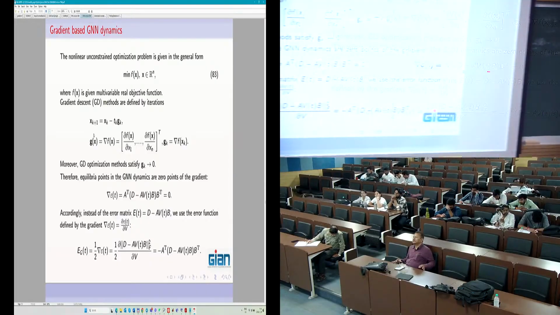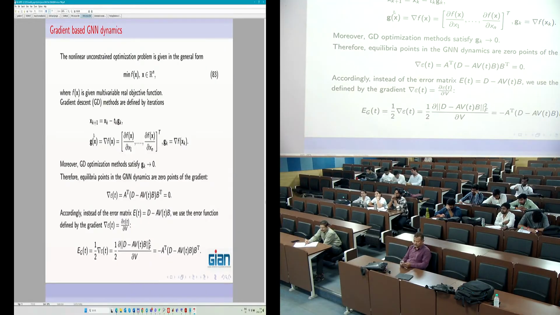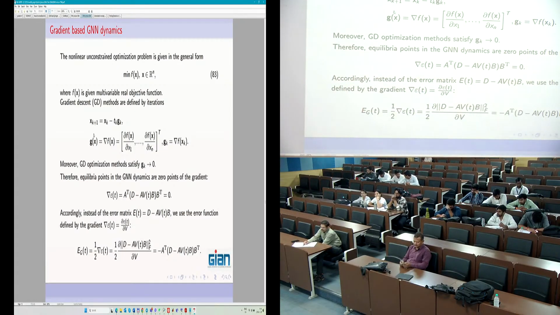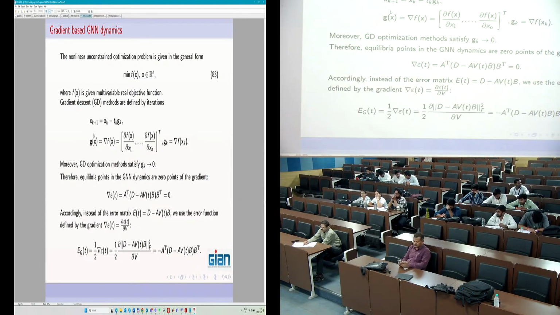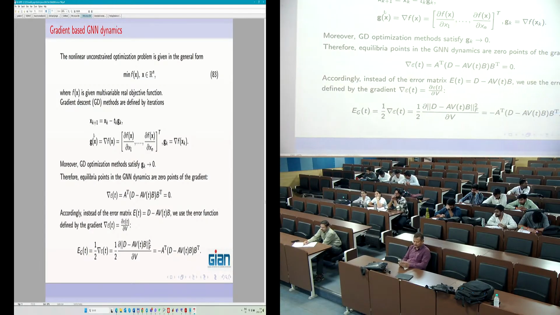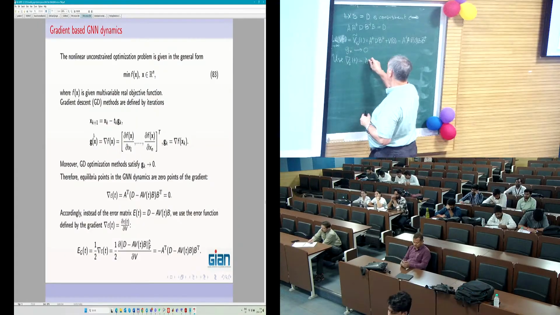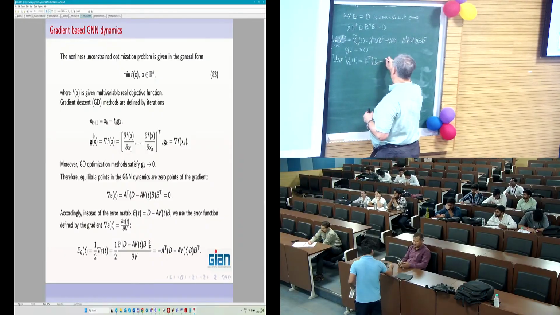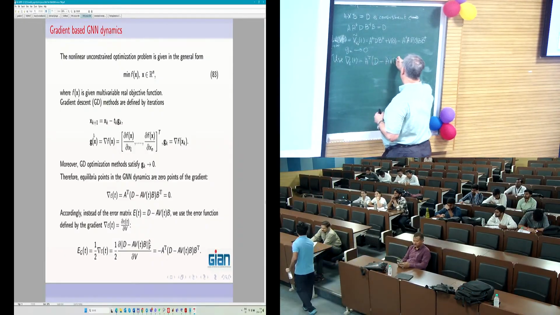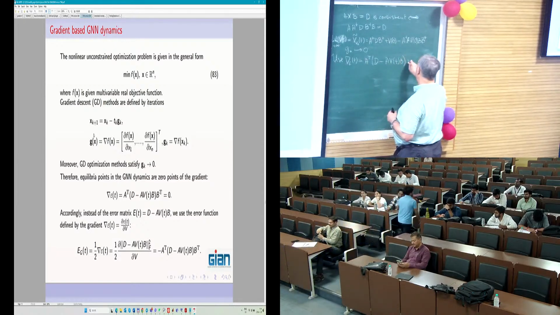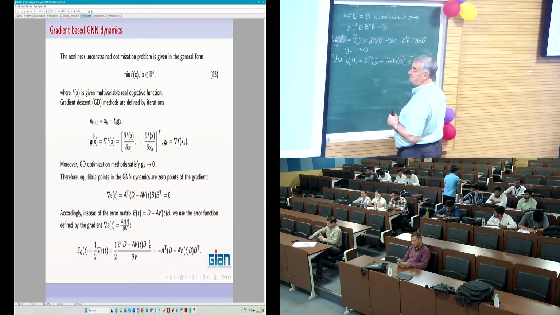According to the function for GNN dynamics, the idea was to use the gradient, which is defined as A transpose times D minus A V of T B, times B transpose.